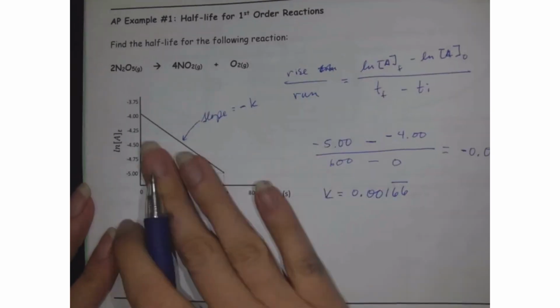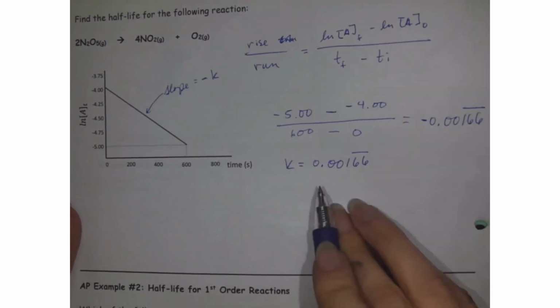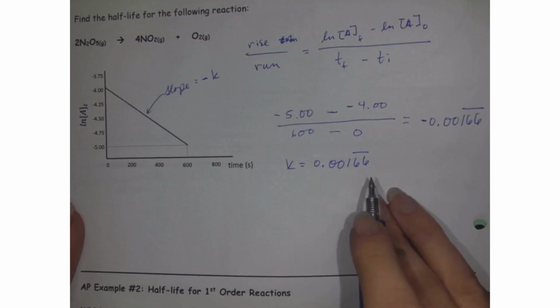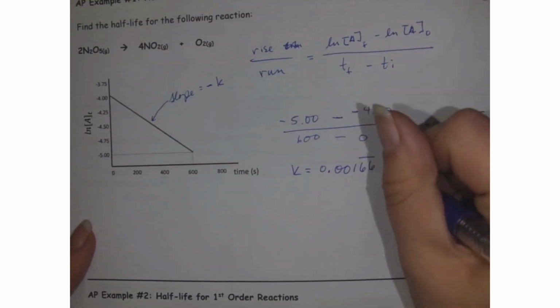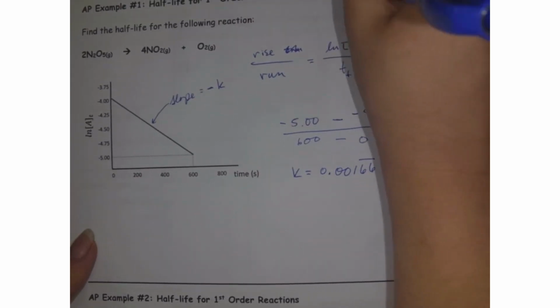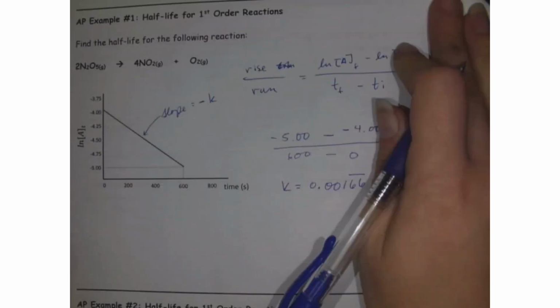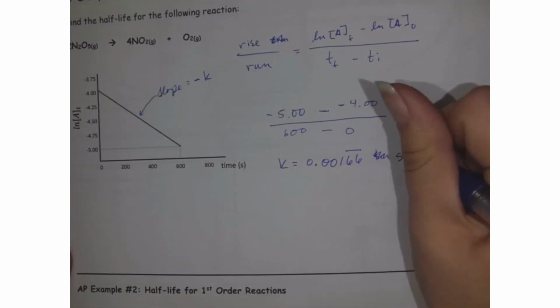So I took the opposite of the slope, that's my k, and last class we learned that when it's first order, the units for k are just whatever the time units are raised to the -1, or inverse time. The time units are seconds, so it'd be seconds to the -1.